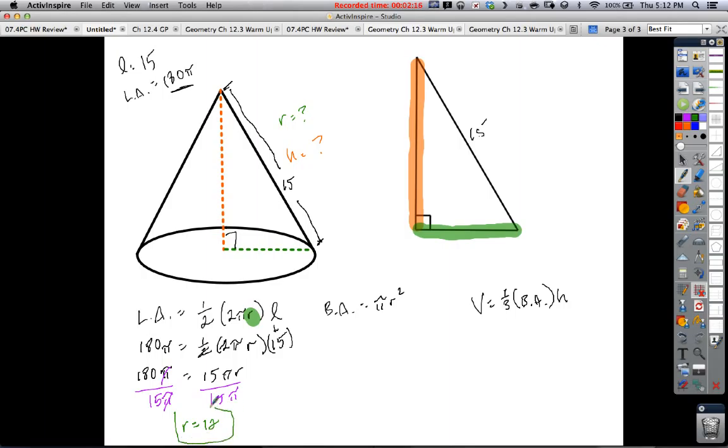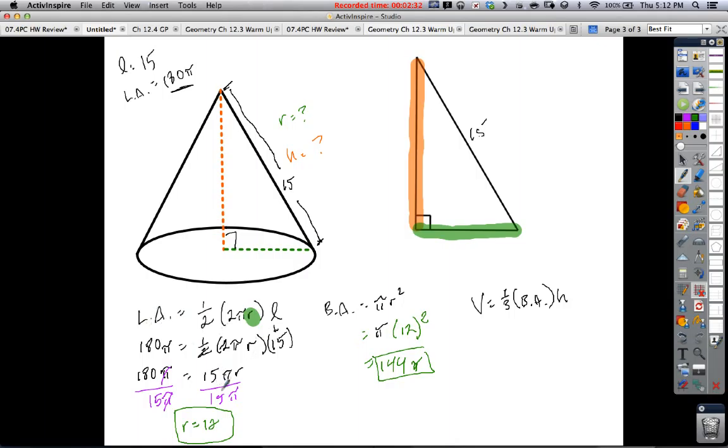And then, lo and behold, that's going to allow us to find a lot of this other stuff. So the base area I know is pi times the radius, or 12 squared. In other words, it's 144 pi.